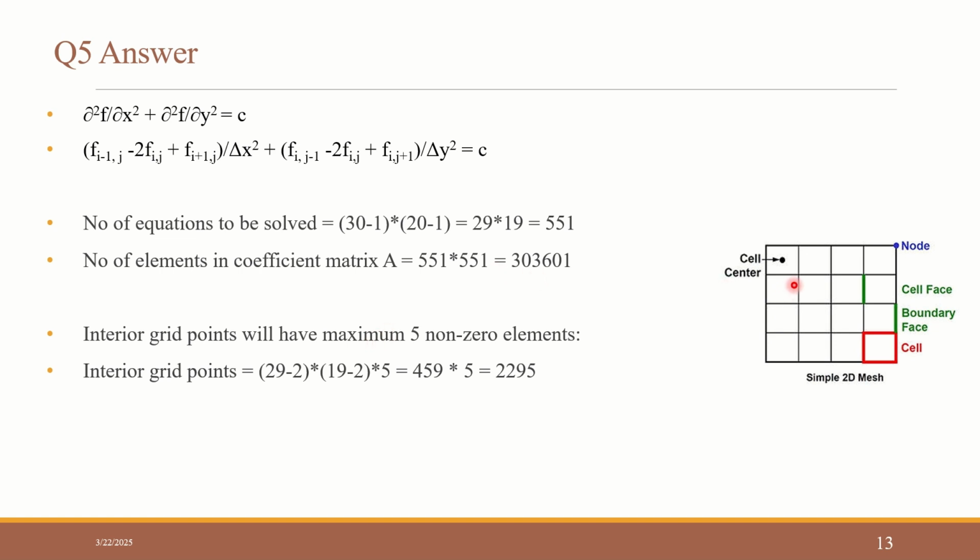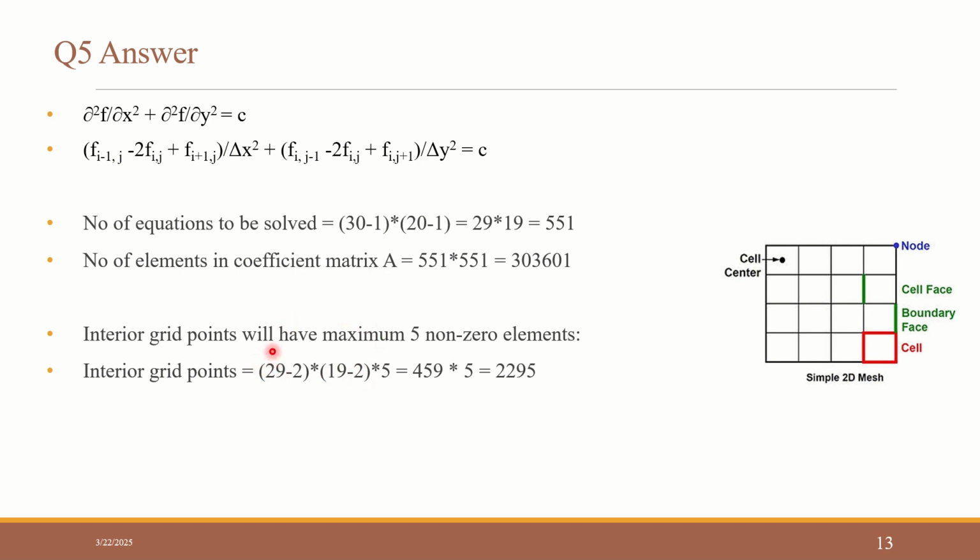Here what I have taken is 29 and 19, so this is 29 grid points and 19 grid points. In that I am subtracting 2, like how it is 3 minus 2. So 3 points are under our consideration, of that we are subtracting 2. So 29 minus 2 into 19 minus 2.